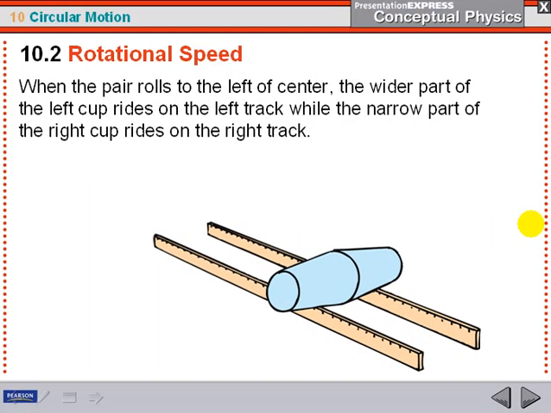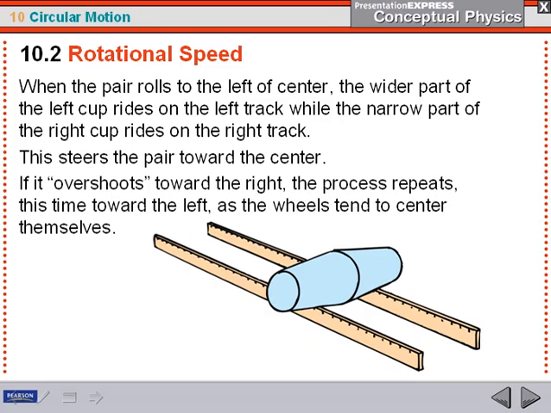And the reason why is when the cup gets too close to the left, the wider part of the left cup will actually rotate more and steer it back towards the center of the track.